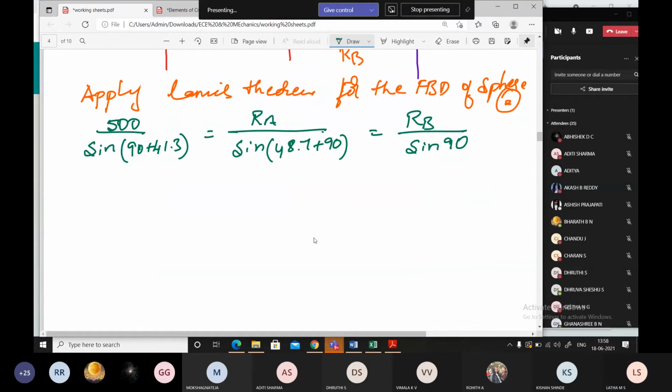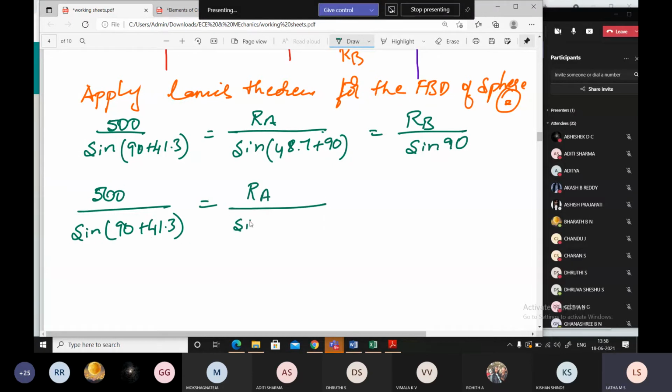You get 500 over sine of 90 plus 41.3 equals RA divided by sine of 48.7 plus 90.